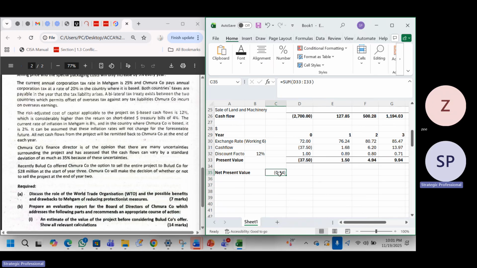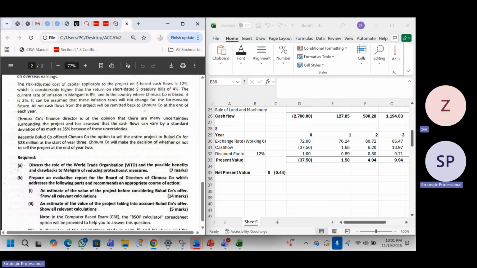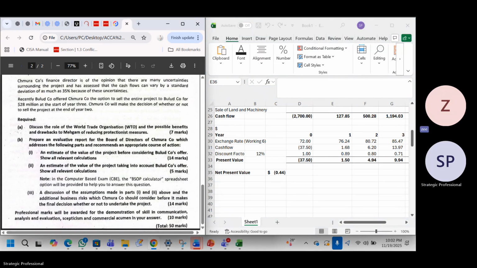From this, is the project viable or not viable? It's not viable, marginally. What I'm saying is if they do more sensitivity analysis, it will be viable.